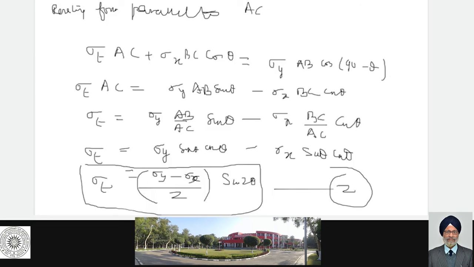So now for maximum value, theta is equal to 45 or 2 theta is equal to 90. Therefore, theta is equal to 45. Sin 90 is 1.